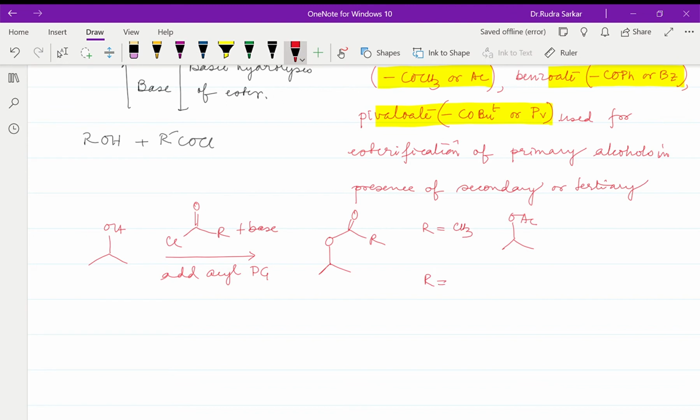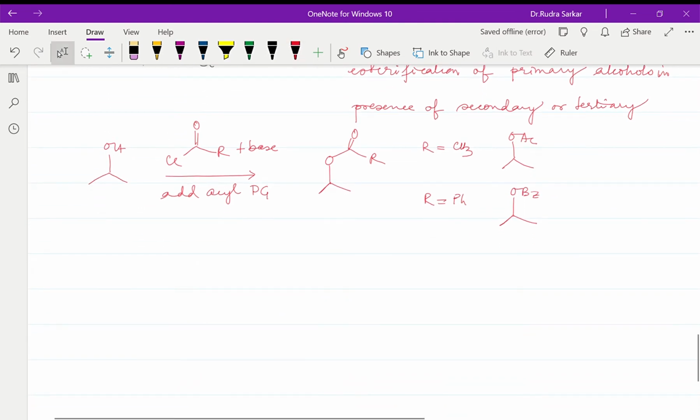If the R is Ph, then our molecule has the structure as follows. If it is pivaloate, that is R is a tertiary butyl group, then obviously our ester will have this type of representation.